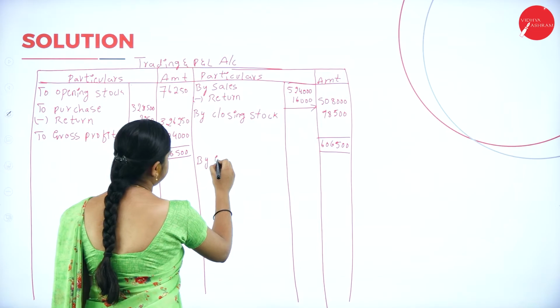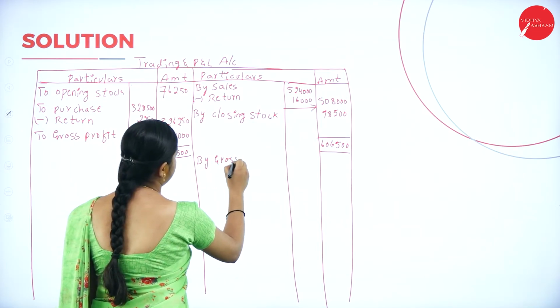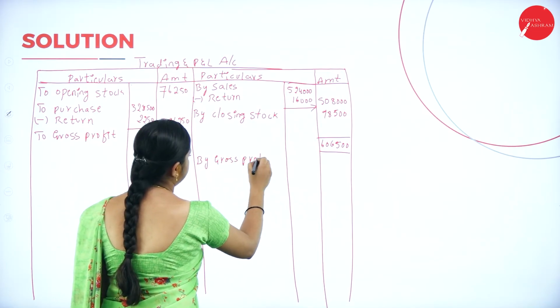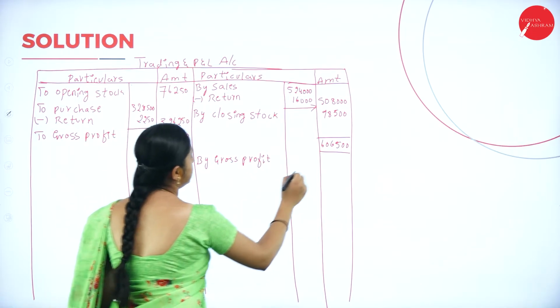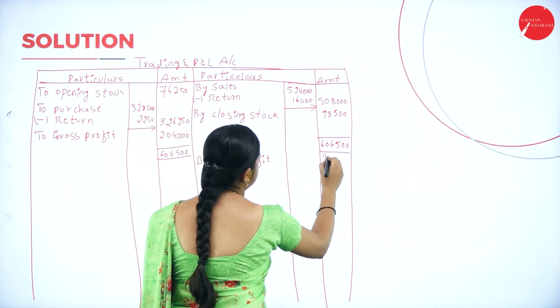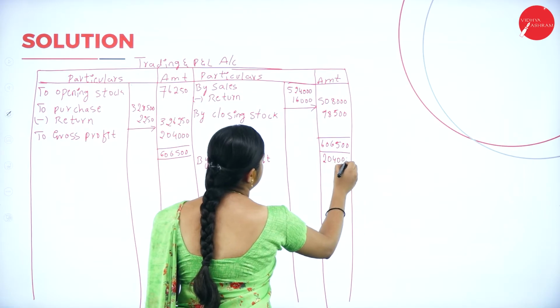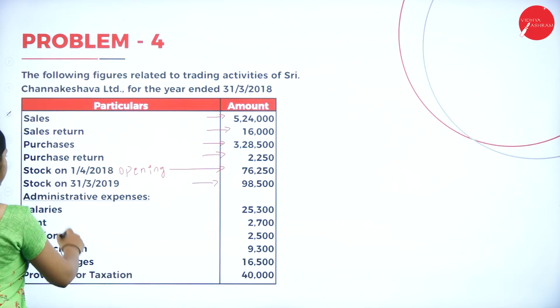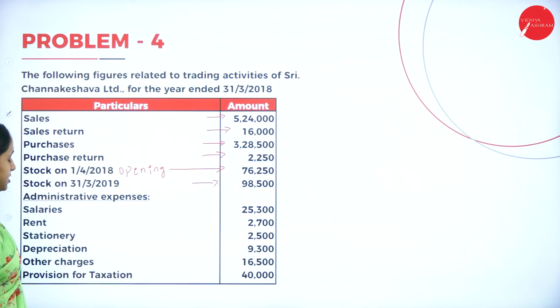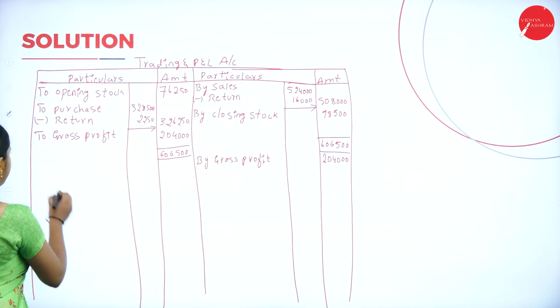By gross profit, which is 2,04,000. Now write all the administration expenses, that is, indirect expenses. Administrative expenses: salary 25,300, rent 2,700.